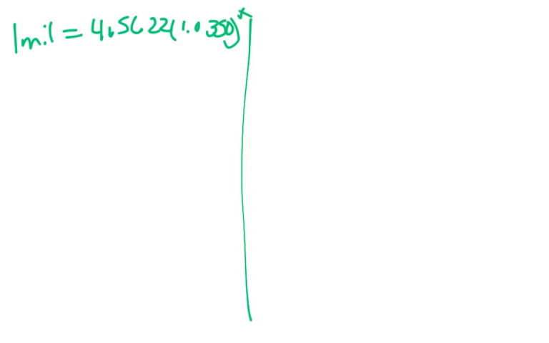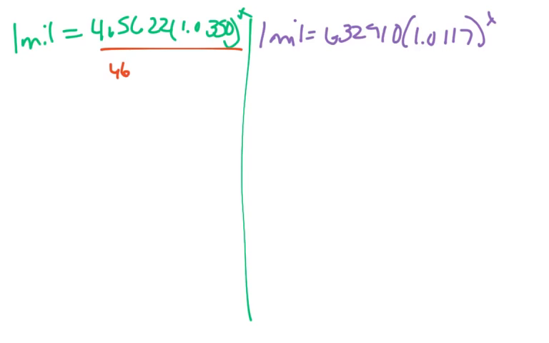So all that means is that we are going to have 1 million equal to our two equations, so equal to 465,622 times 1.0350 to the x, and then also our other equation equal to 1 million, so 632,910. And as long as you followed the process in when we were going to reach 800,000, it's going to be the same thing. So we're going to divide by that initial population.